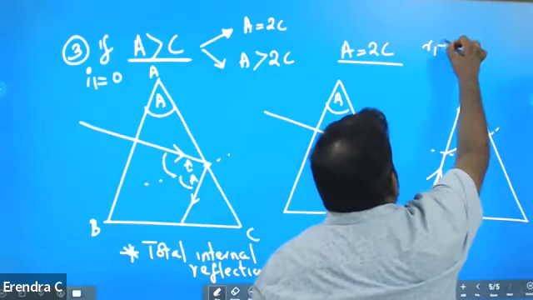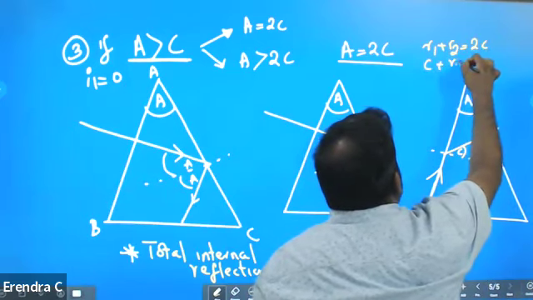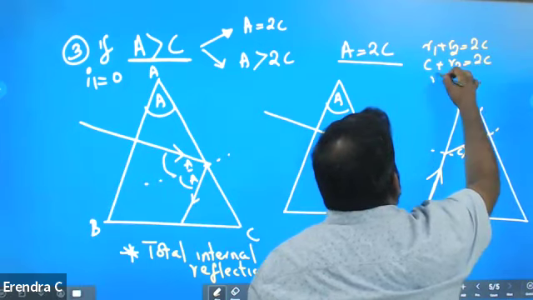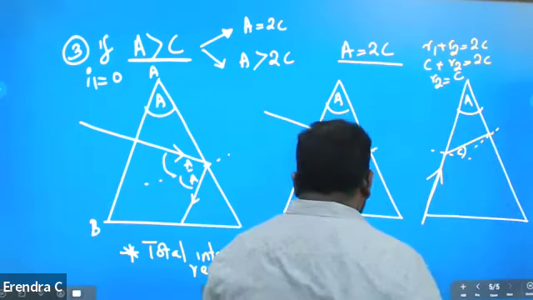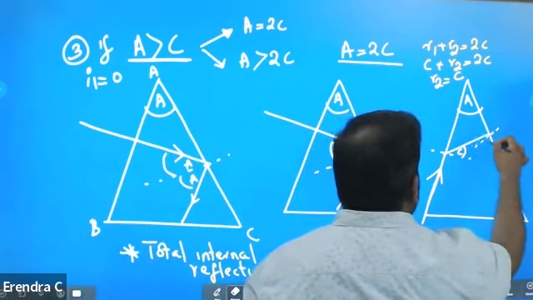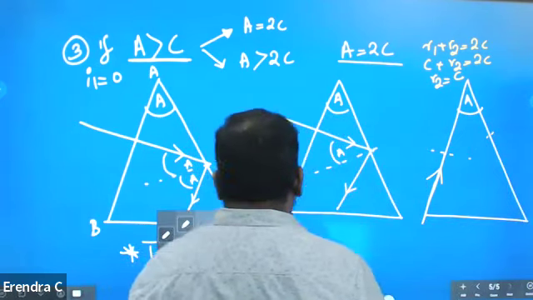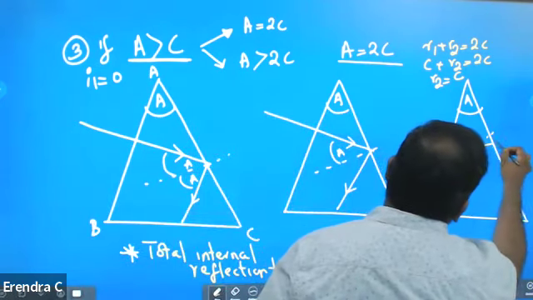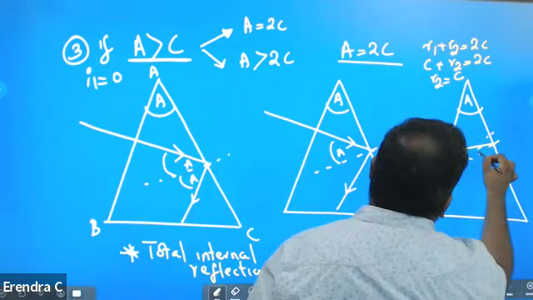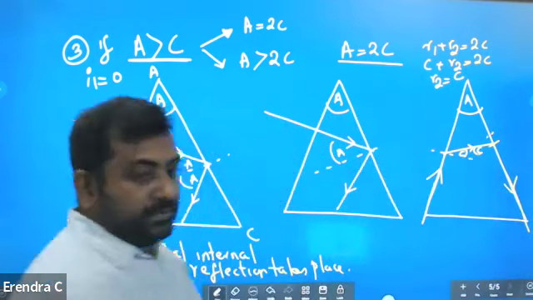So R1 plus R2 equals 2C. R1 is C, so R2 is also equal to C. If I draw this carefully, here also C, here also C. Light rays will go along the boundary.